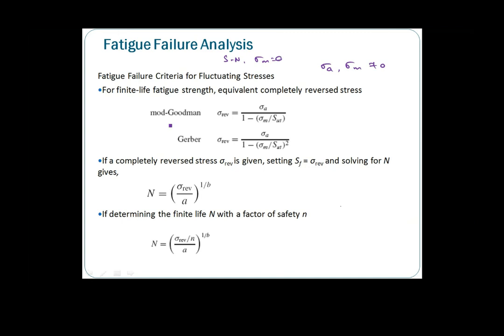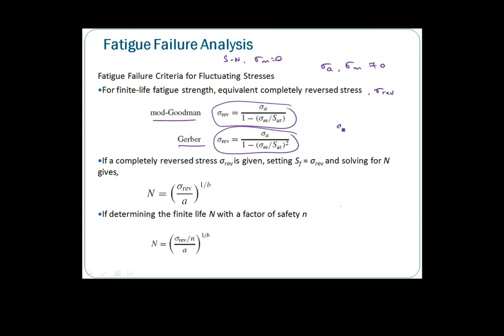So here, if you use the modified Goodman or Gerber, then you can find your equivalent completely reverse stress, which is your sigma reverse, by using these two formulas.